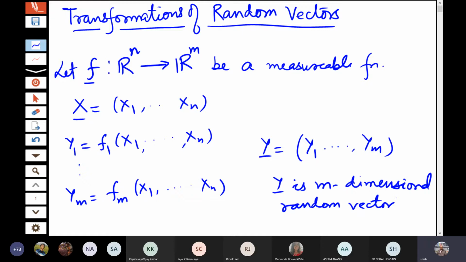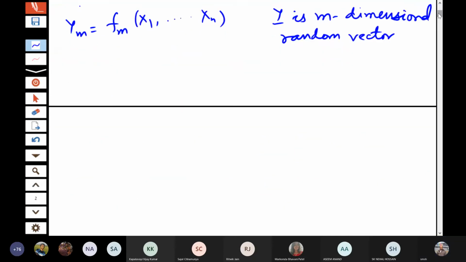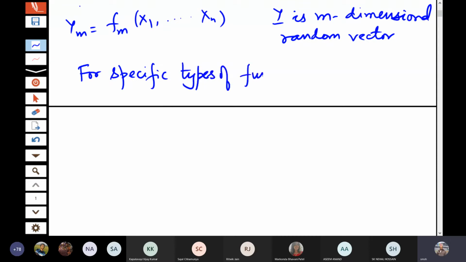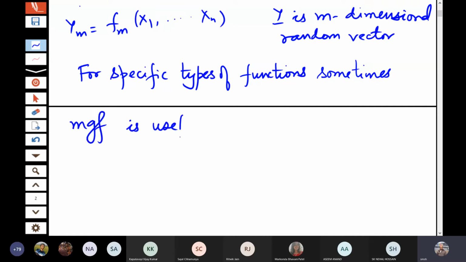In the last class, I have discussed how to find out distributions of the sums of random variables if a particular kind of things are given. So if independence is there, then we can use the moment generating function approach. For specific types of functions, sometimes moment generating function is useful.